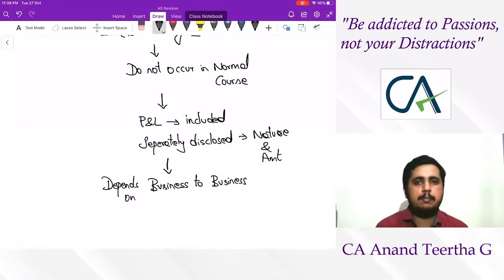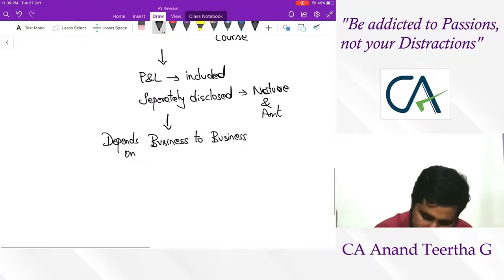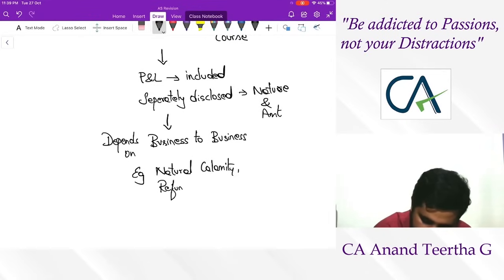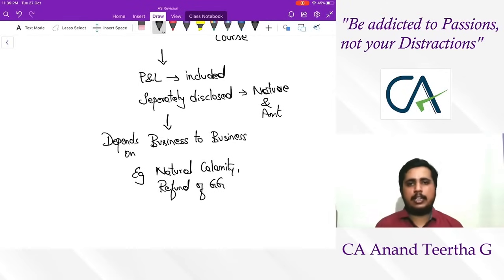So it always depends upon business to business, and that's how you have to take care of it. So example-wise: natural calamity, which is earthquake, volcanoes, anything, then refund of government grant, etc. All these things will be considered extraordinary items for us.